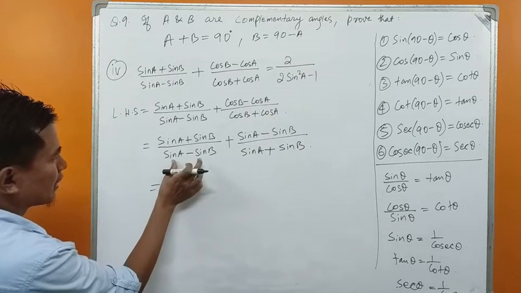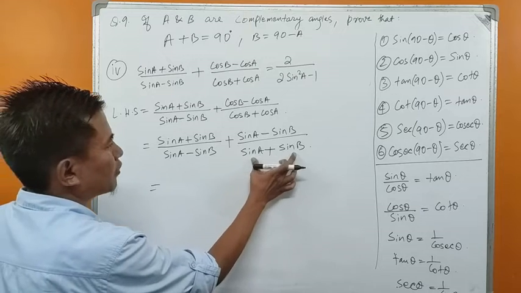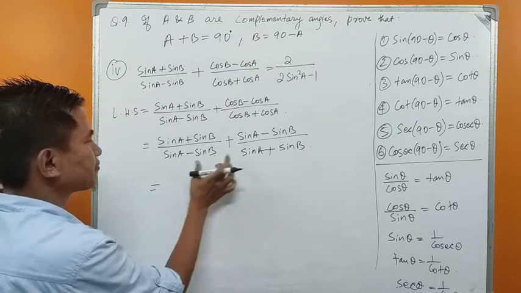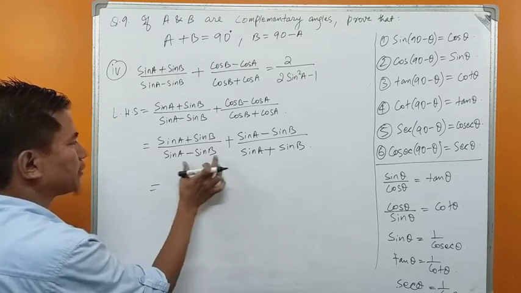Now we have sin A minus sin B and sin A plus sin B in the denominator. So let us take the LCM of the denominators.